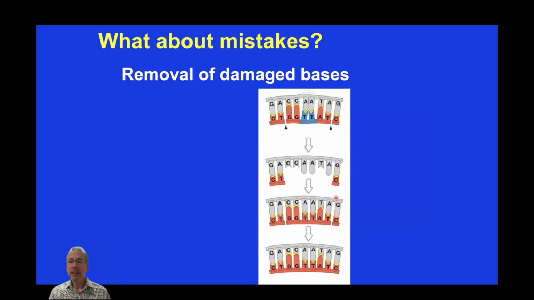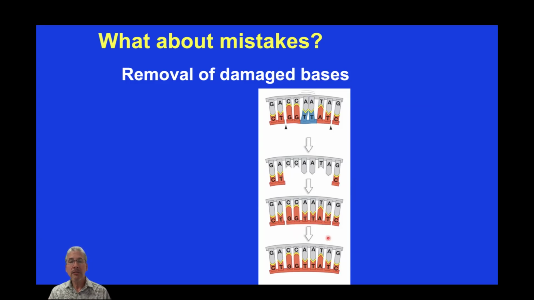But it turns out in most of us, not everyone, but most of us, fortunately, there are a whole series of proteins and enzymes that can recognize this problematic region of DNA. So can recognize thymine dimers like we see here, remove the whole problematic area, replace those with normal bases, and thereby prevent any potential problems.